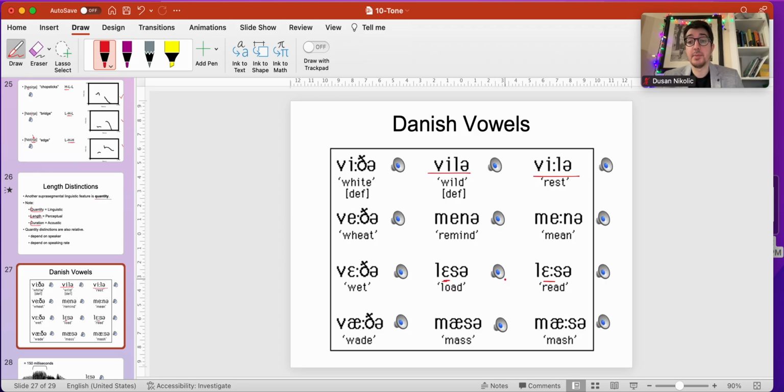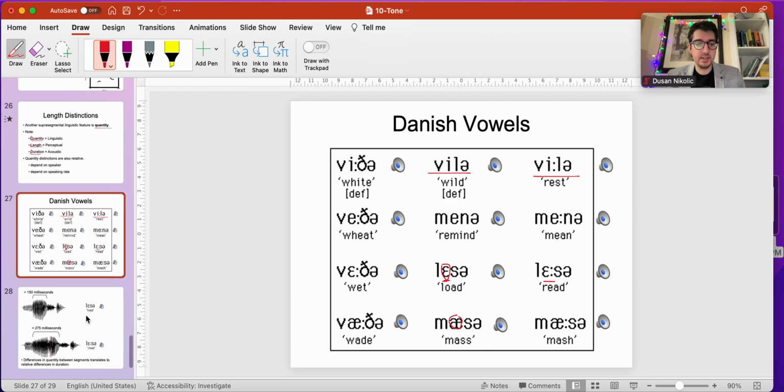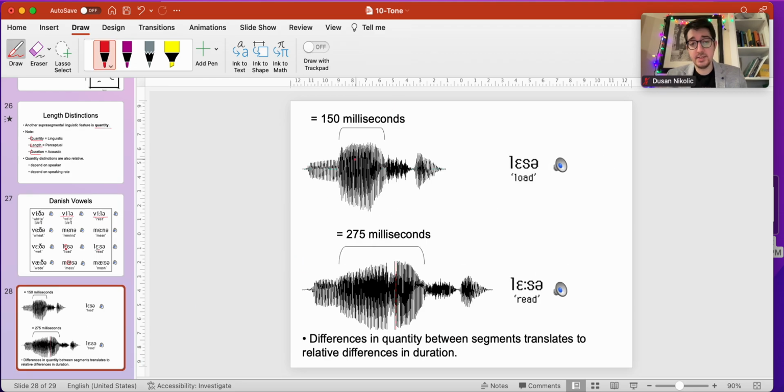In English, for example, you don't have this case. So you have ash, for example, and epsilon, right? Masse, lasse, right? Ash is by default a little bit longer than e or epsilon because of its nature, of its quality. But here the duration is quite distinct, and we can see that on these two waveforms.